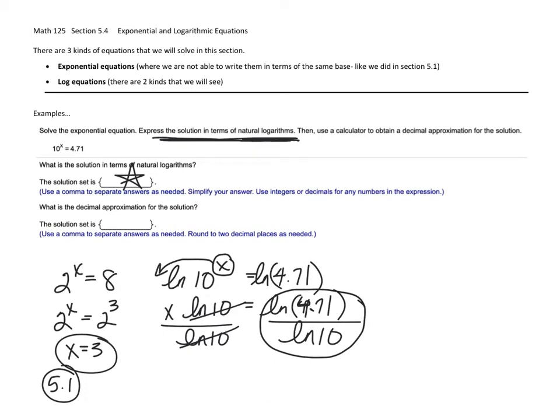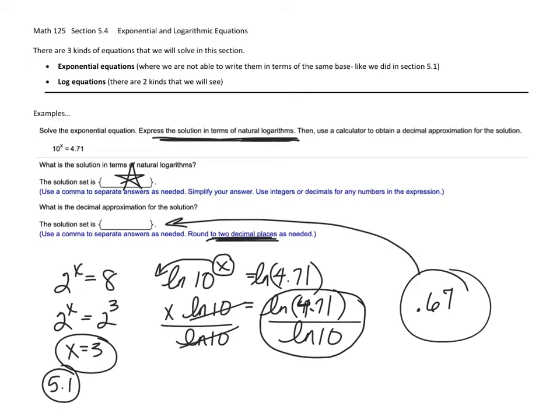It's definitely going to be a decimal, so pull out the calculator on your phone, or your graphing or scientific calculator, to calculate this just for the homework to get it complete. If I plug this into my calculator, I would get 0.67. It does say round to 2 decimal places. That would be what you enter in the second part.